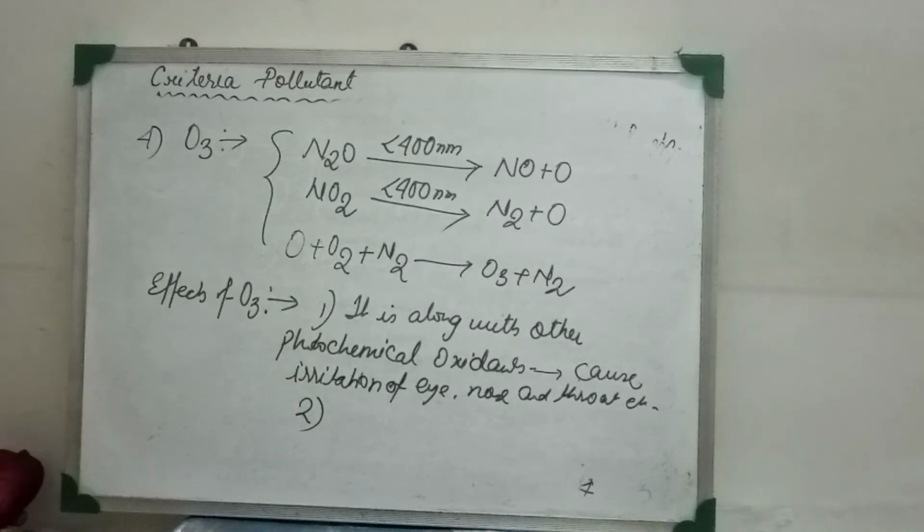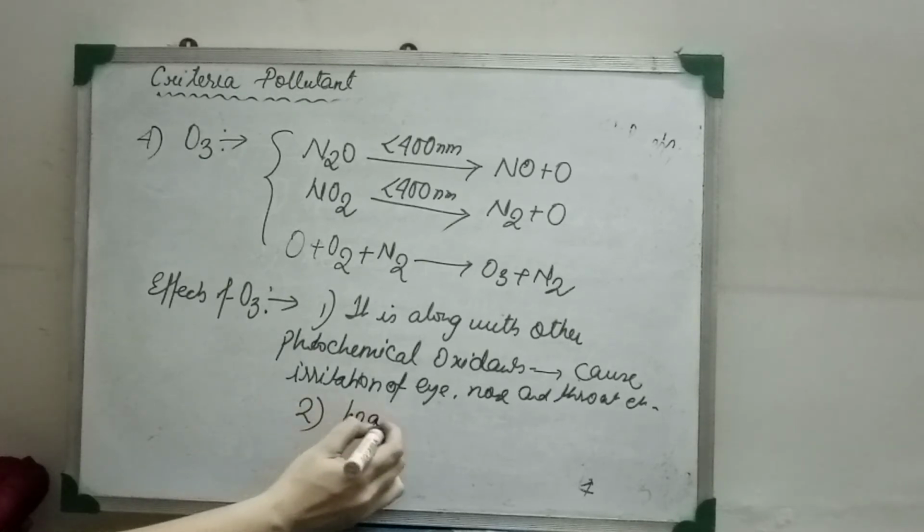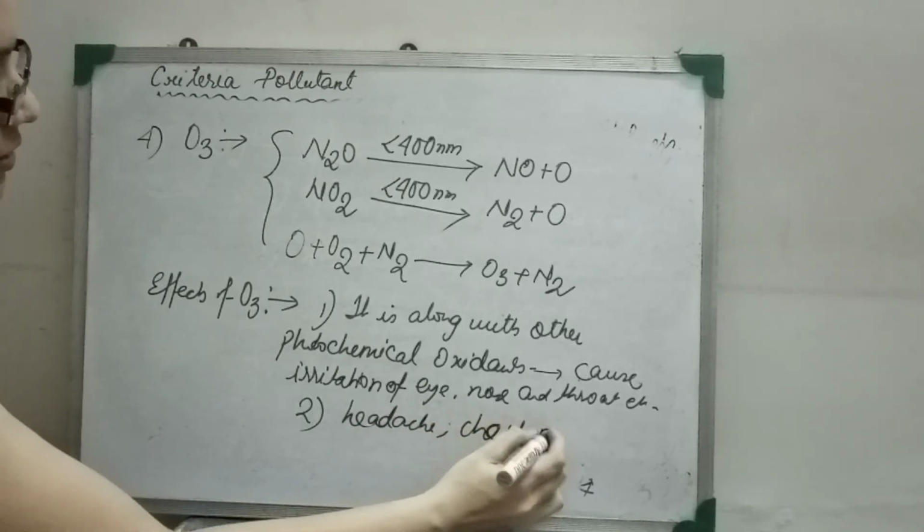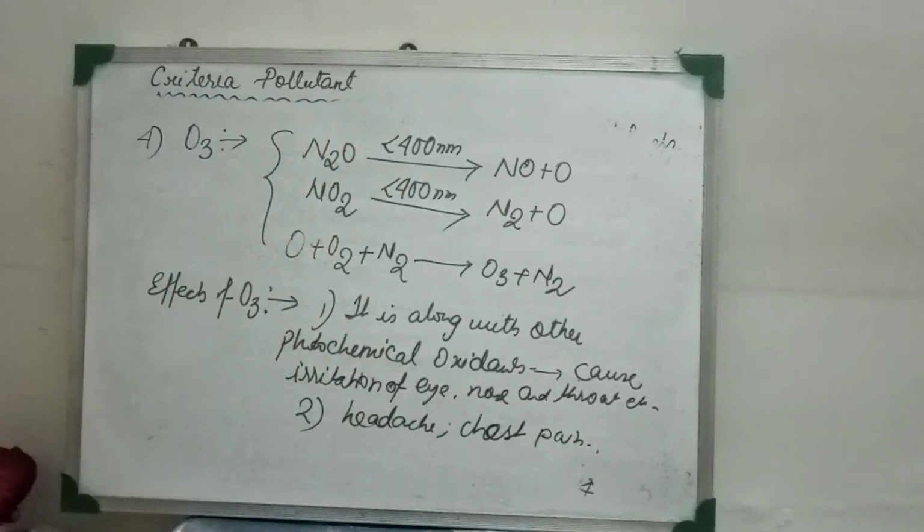It causes headache, chest pain and altered red blood cells, etc. Besides affecting life, photochemical oxidants including ozone also affect materials like rubber, plants, textile fibers.